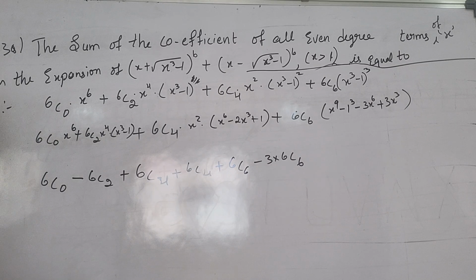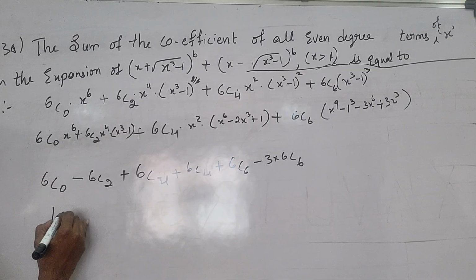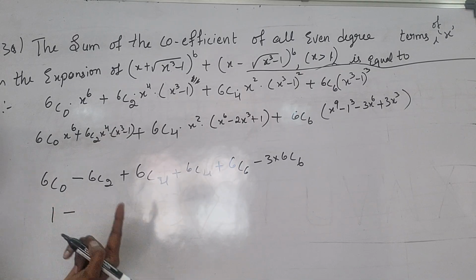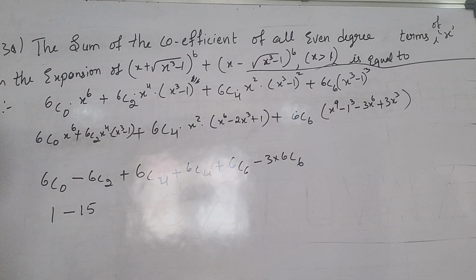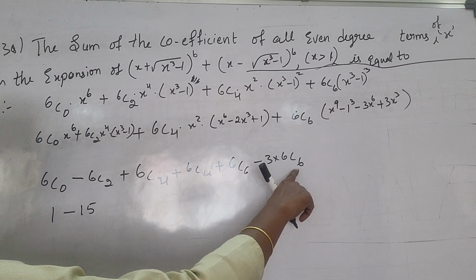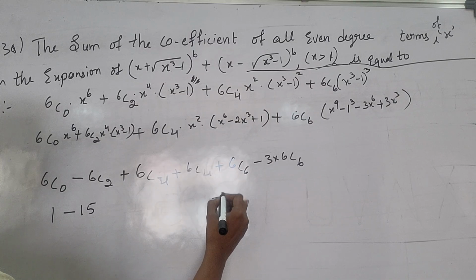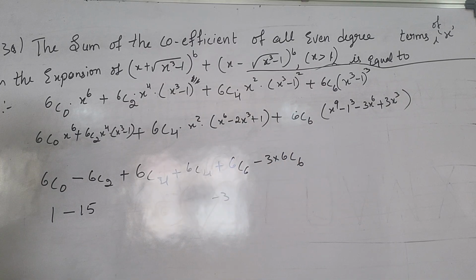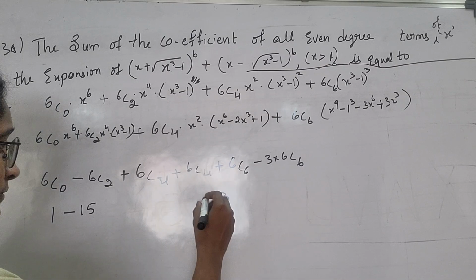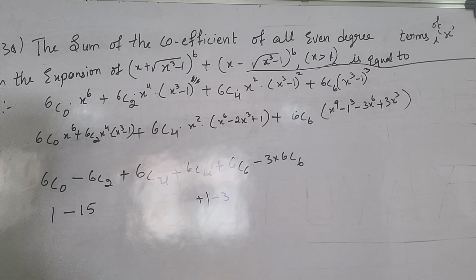Yes. So now we have to calculate. This is 1, minus, this is how much, 15, right? Then 6, this is 1 minus 3, then this is also 1 plus.